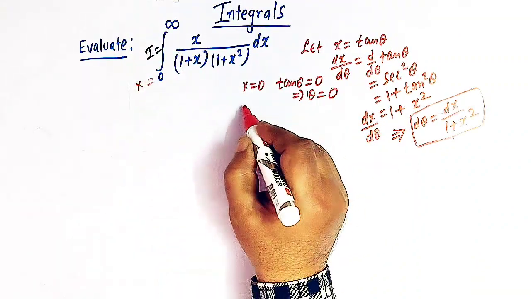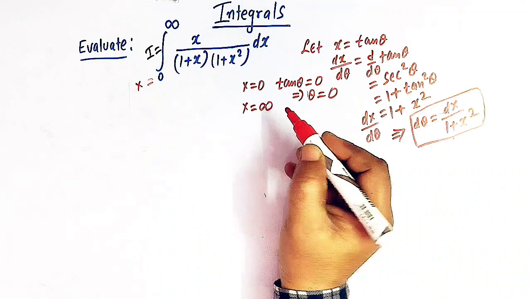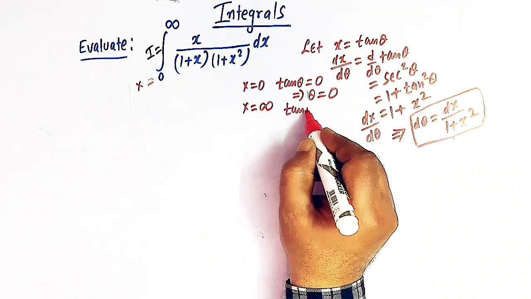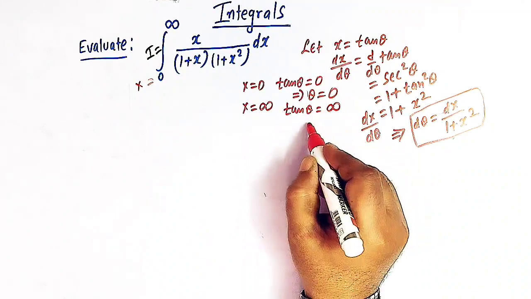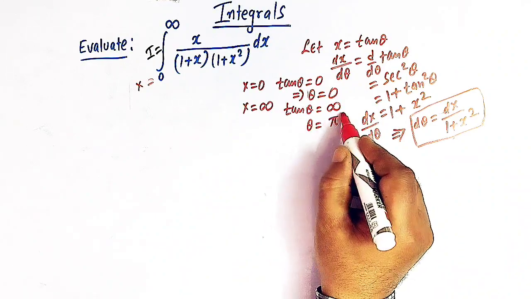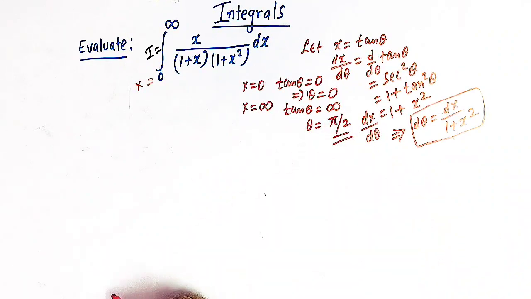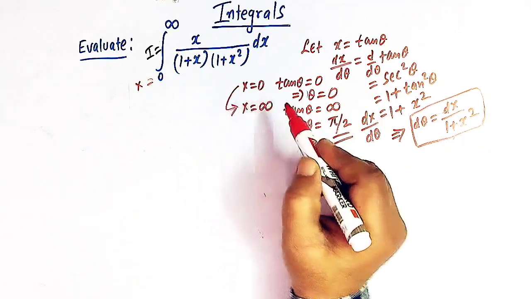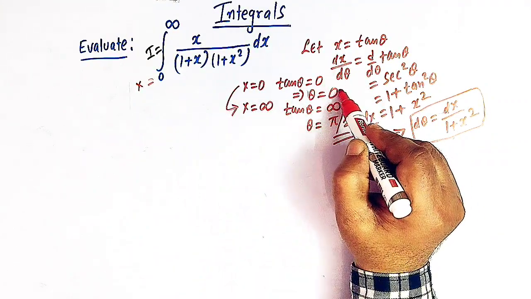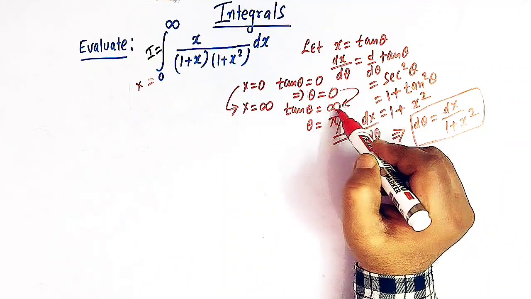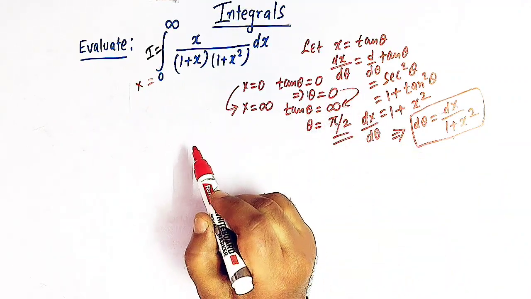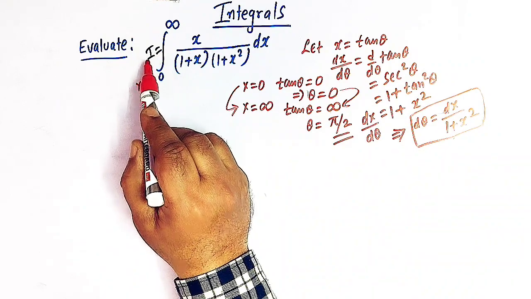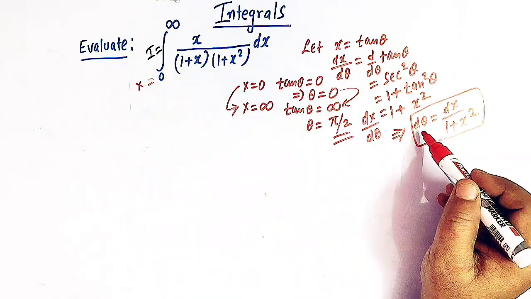When x is infinity, tan theta is equal to infinity, so theta is equal to pi over 2. So when x varies from 0 to infinity, the value of theta varies from 0 to pi by 2. Now we'll write this integral I in terms of theta.